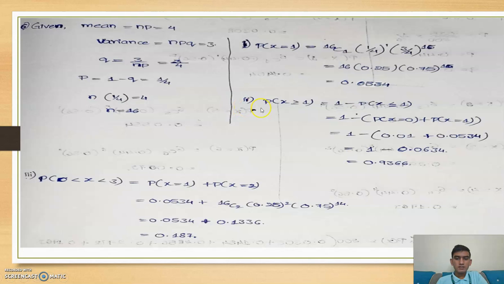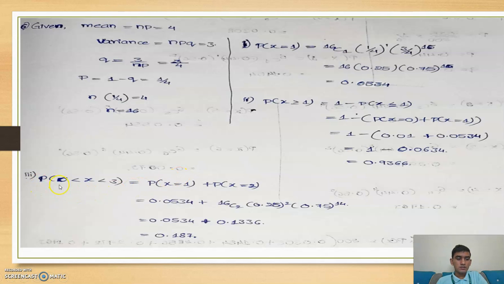The second part is P of x greater than or equal to 1, which is equal to 1 minus P of x less than 1, that is 1 minus P of x is equal to 0. After putting the values, the answer is 0.9366.